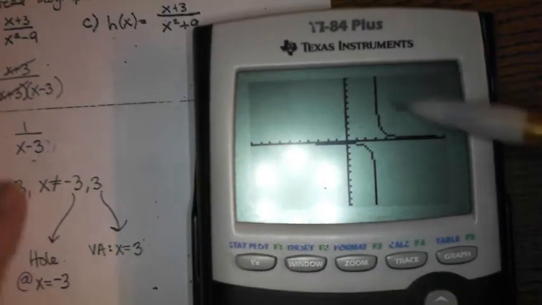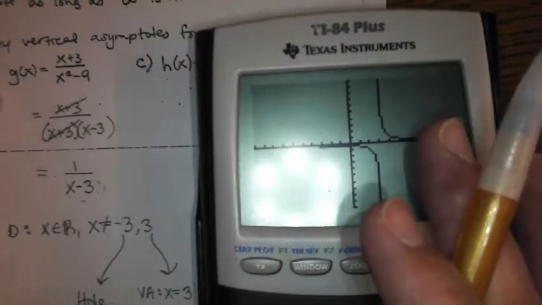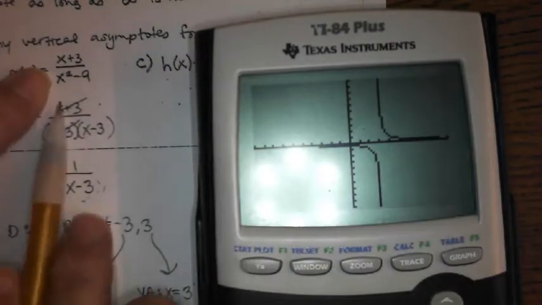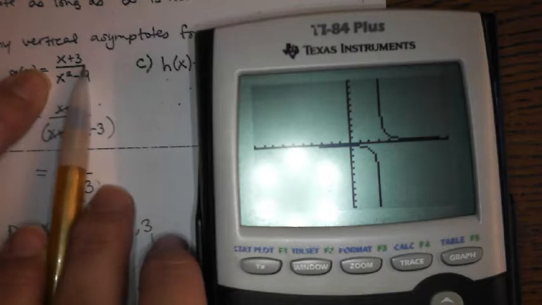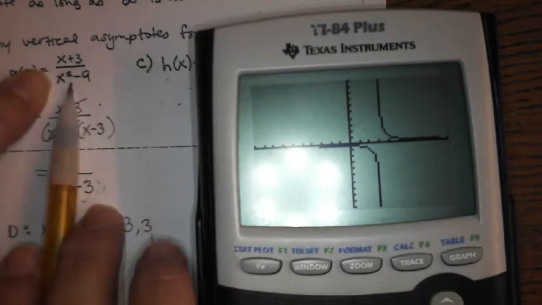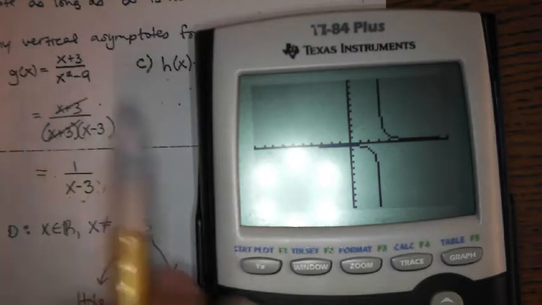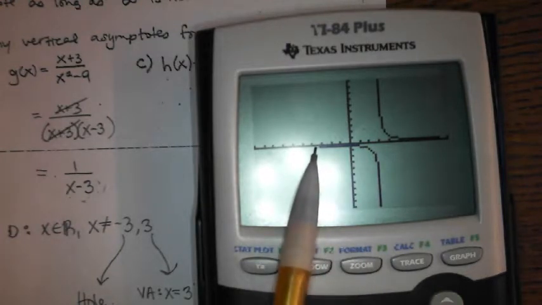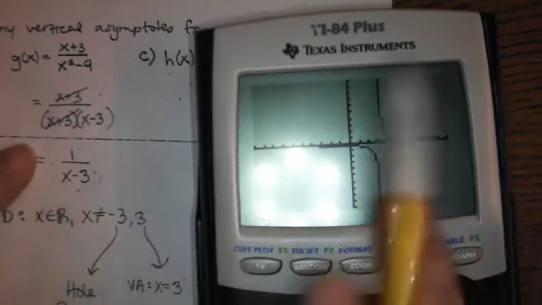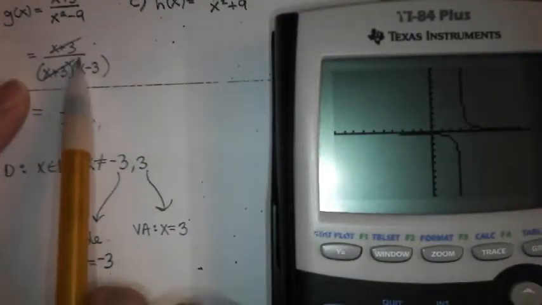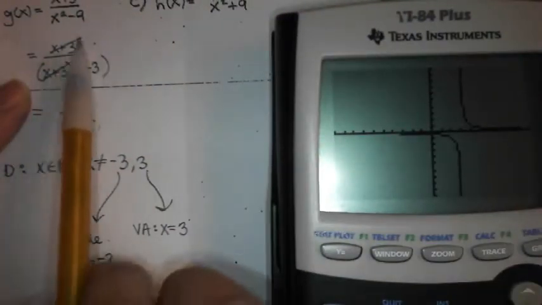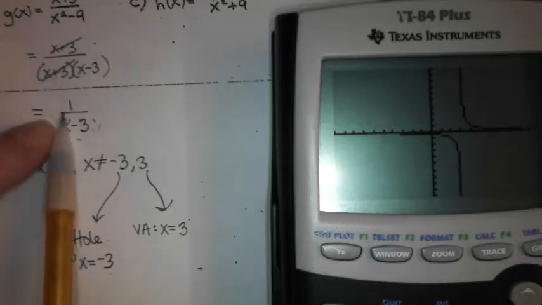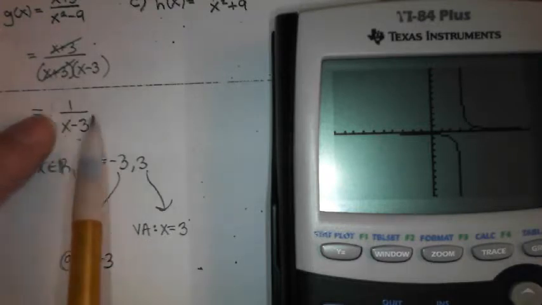We know this function is undefined at negative 3, because if I plug in a negative 3, I'm going to get 0 over 0, right? So it's still undefined at negative 3 over here, but you're not going to see an asymptote there, because that asymptote kind of worked itself out in the simplifying process. It got simplified out. So it's not an asymptote.